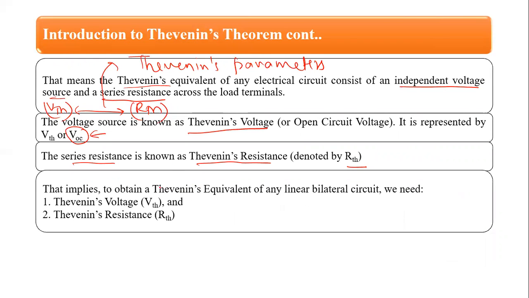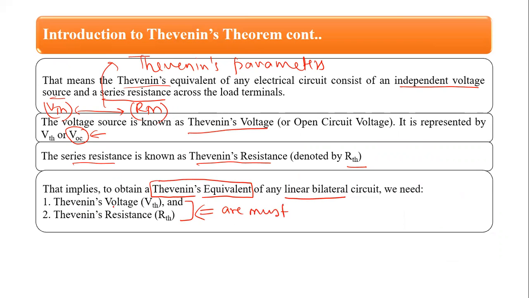That means if we have to obtain the Thevenin's equivalent of any given complex electrical network, which is linear and bilateral, then we need two parameters. These two parameters are a must.